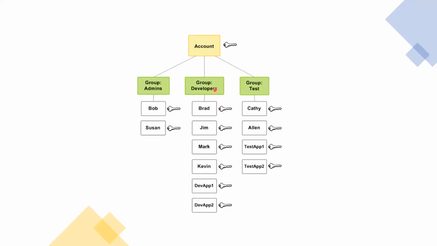These people will have only developer-related tools access. For example, Brad can access app 1, but Kathy cannot access app 1 because it's only in the developer group, not in the test group. That is how it will be.